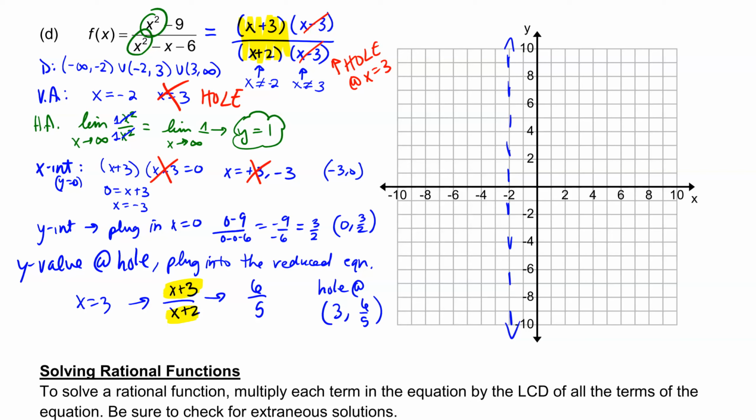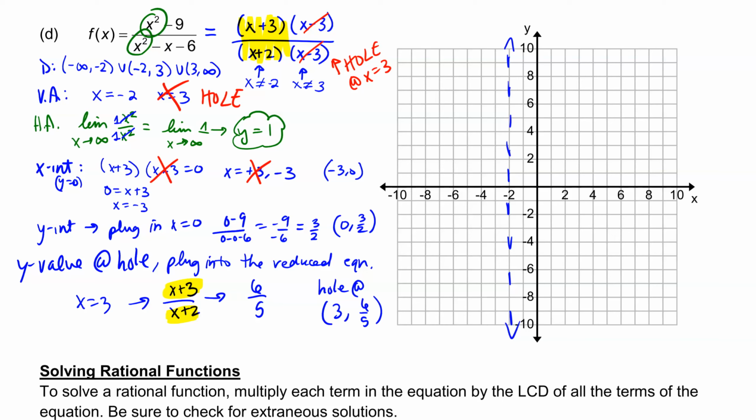Because I have a hole at x equals 3. But why is that a hole? Because the factors cancel out. It's the same factor on top and bottom, and it cancels. If you have a factor on top and bottom that cancels, that's a hole. It's a removable discontinuity. Why plug in 3? Because that's what the y value would be if it existed, but that's not what the y value actually is.